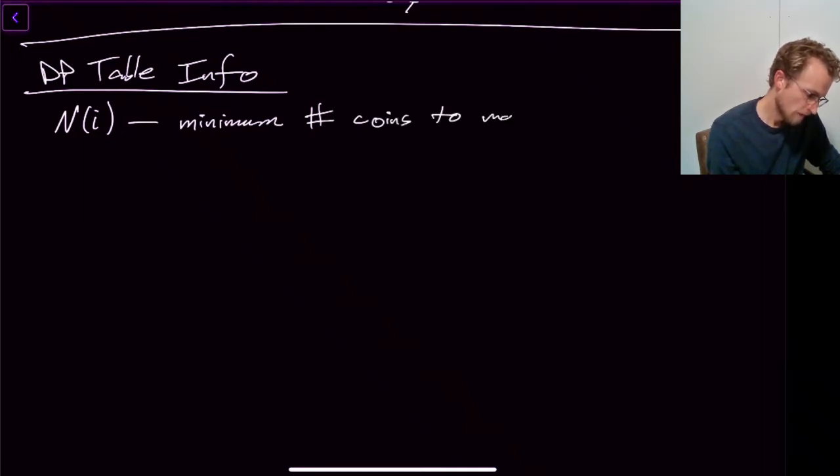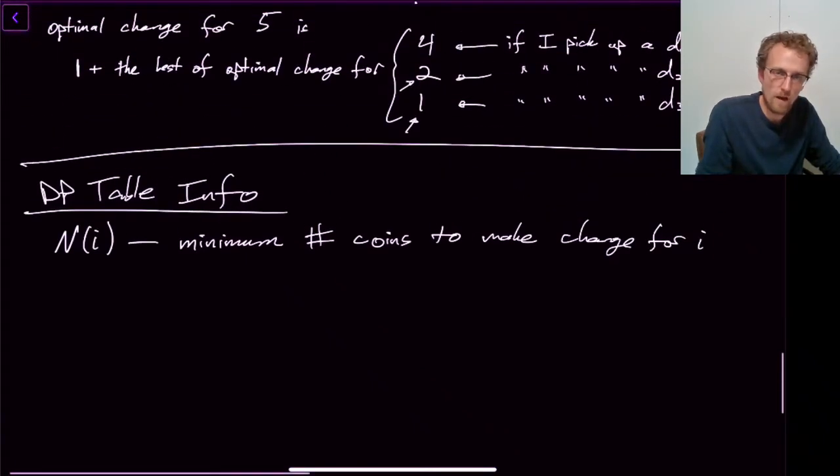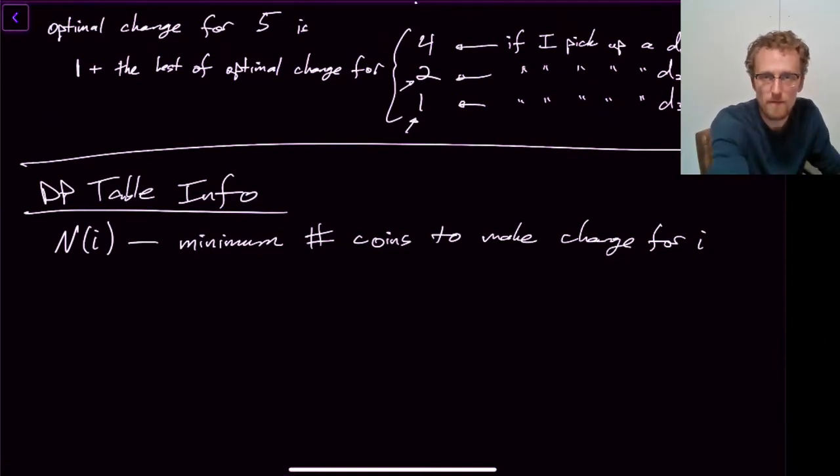to make change for i. So n of i, if I plug in 5, that'll tell me 2 or whatever it is, the minimum number of coins it takes to make change for 5.